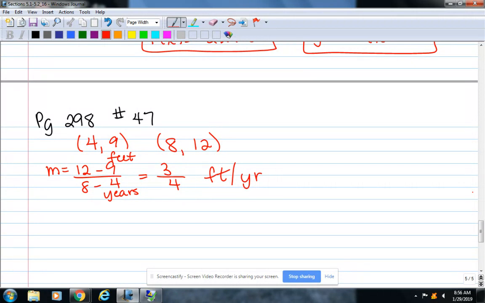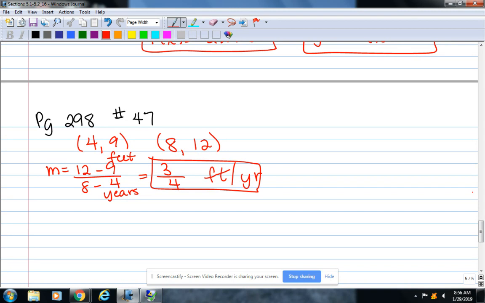All right. The last question it asks, see, that's my first question. The last question is, what is its height when it was planted? Now, how old was that tree when it was planted?